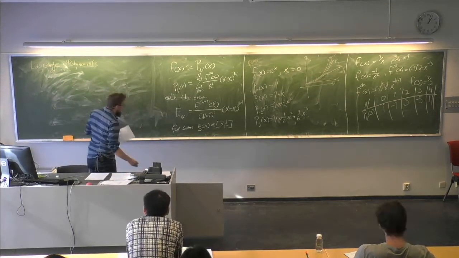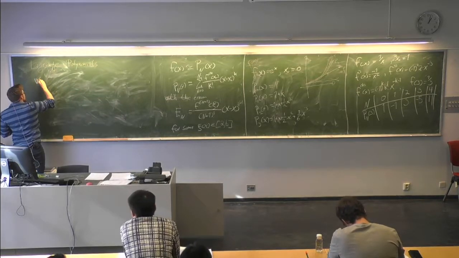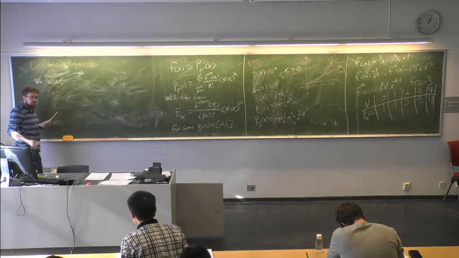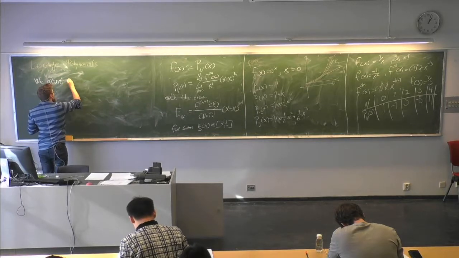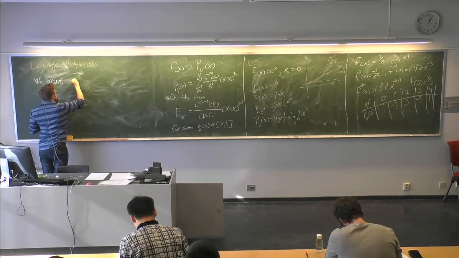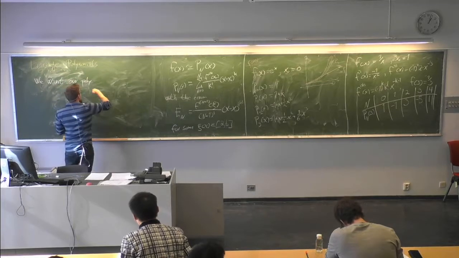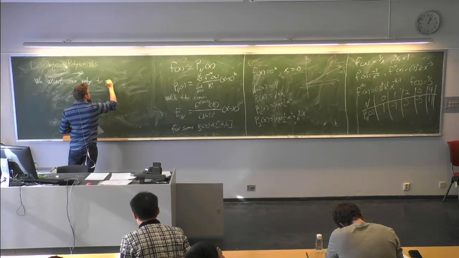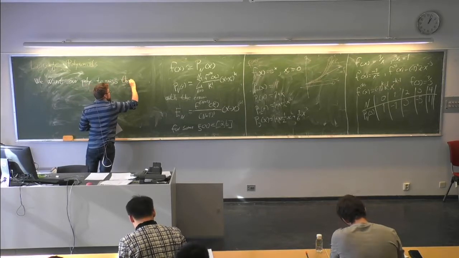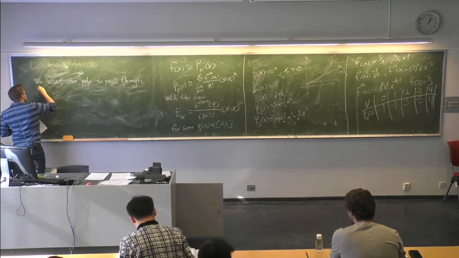So the idea is that we want our polynomial to pass through certain given points.